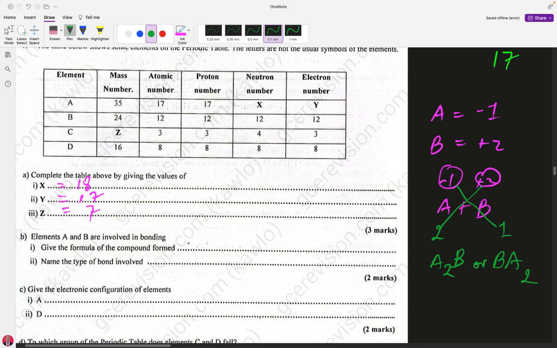You can either write it as A2B, or you can write it as BA2. No problem.